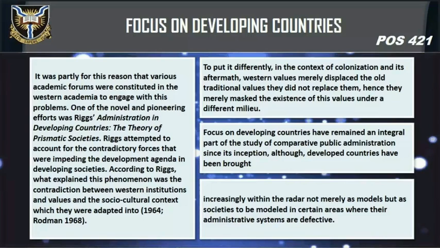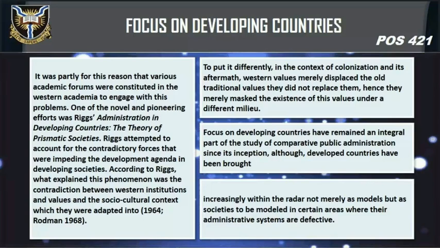Riggs attempted to account for the contradictory forces that were impeding the development agenda in developing societies. According to Riggs, what explained the phenomenon was the contradiction between Western institutions and values and the social-cultural context which they were adapted into (Riggs, 1964; Riggs, 1968).